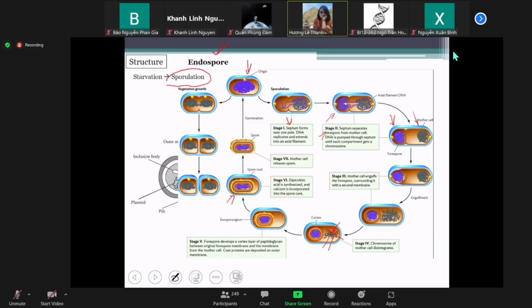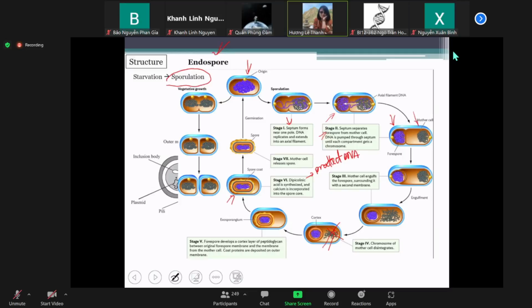Dipicolinic acid is a complex with calcium, and they function to protect DNA from heat denaturation by inserting itself between the nucleobases. Thereby, they can protect and also increase the stability of the DNA.